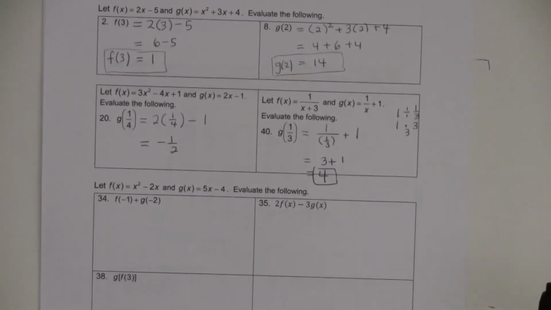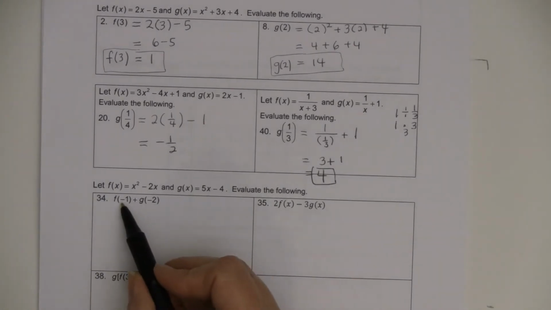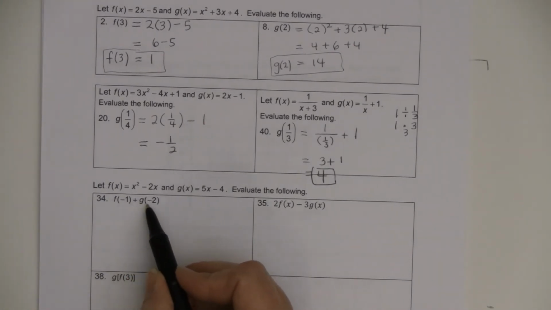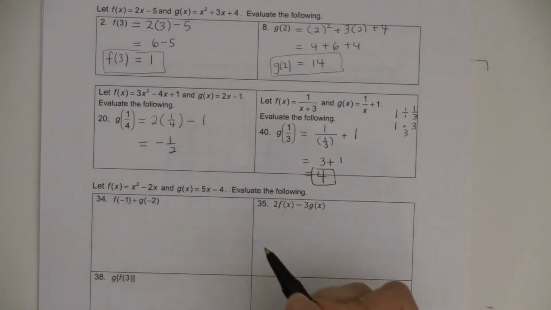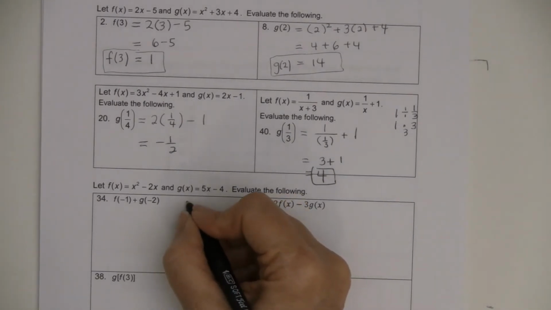Okay, so the next one here is number 34. And they have a little bit of addition there. They say find f at -1 and add that with g at -2. Now f at -1 is just going to be a number, and I can find that number off to the side if I like. I think I will do that.